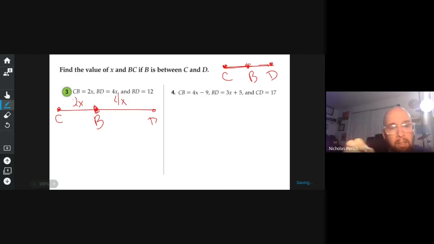And BD is 12. So let's see what we know. This actually is a lot easier. BD is 4x. It also tells us that BD is 12. So if BD is 4x and BD is also 12, can't we just say 4x equals 12?